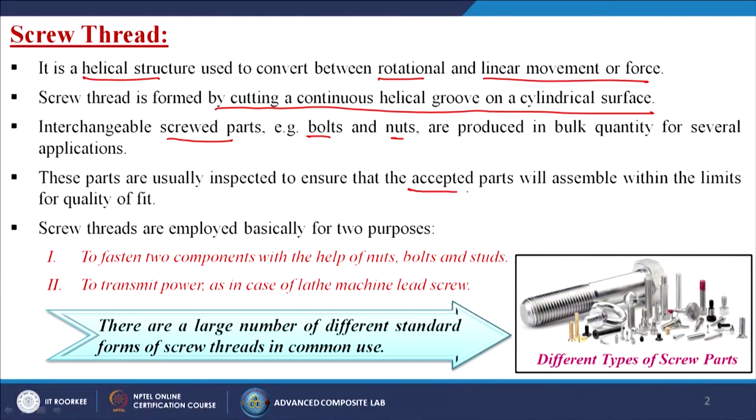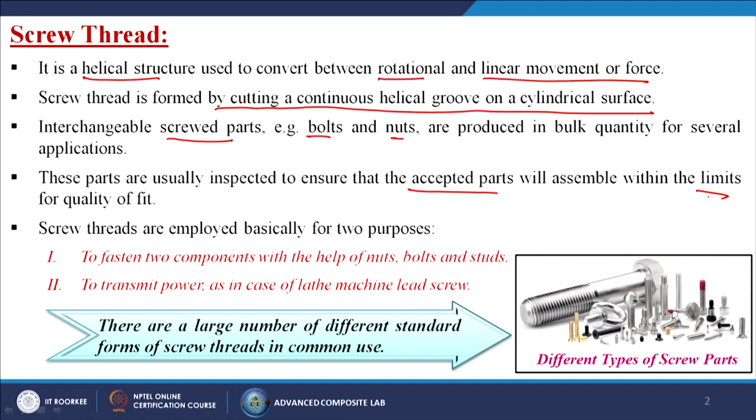Every bolt, according to its outer thread specifications, and the nut, according to its internal thread specifications, should be compatible. It does not mean that every size can fit with any size of nut and bolt. So, these parts are usually inspected to ensure that the accepted parts will assemble within the limits of quality of fit.